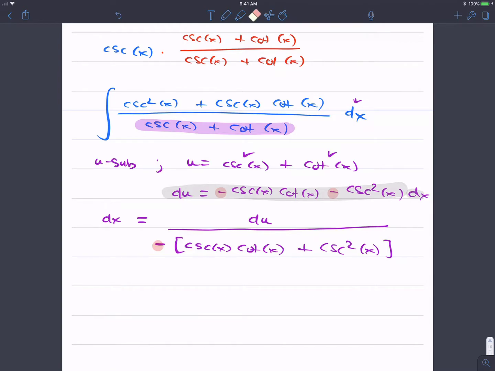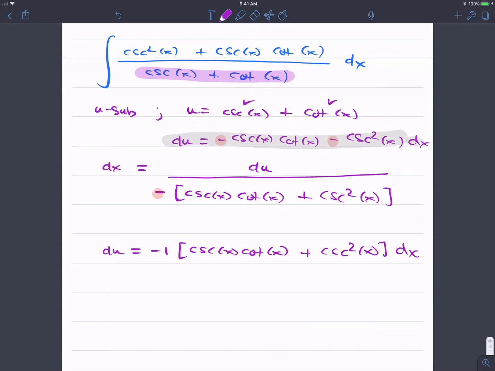So what I might do instead is to point out to people, I'm going to go back and rewrite this here: my original du, by factoring out that negative 1, I get cosecant x cotangent x plus cosecant squared x dx.